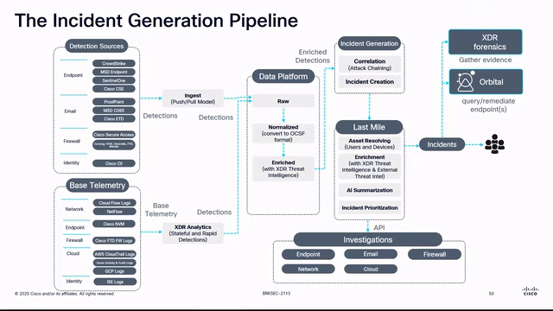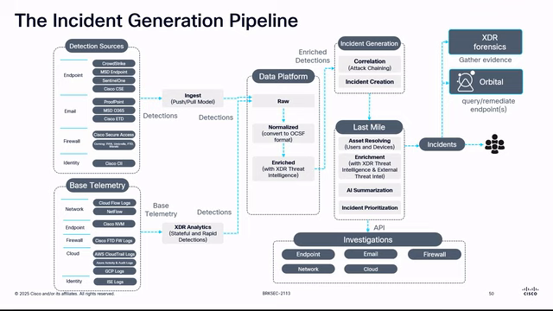After that, it goes into the incident generation pipeline, where we correlate all of that based on common observables that have been seen across all of those detections. And then we create an incident. Then we decorate this incident in the last mile by applying AI summarizations, creating reports, executive reports, providing asset information, additional enrichment information from additional data sources, and incident prioritization happens there as well.